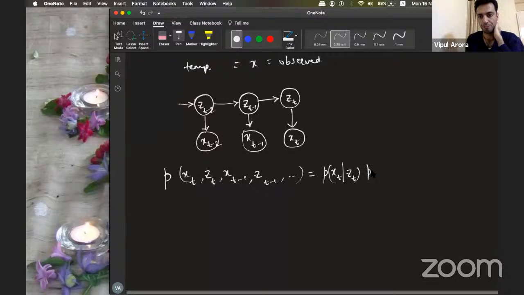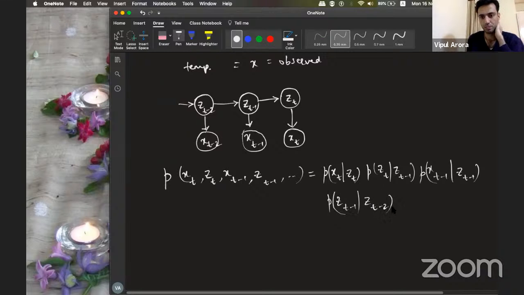But P of Zt depends on Zt minus 1. P of Xt minus 1 depends only on Zt minus 1. P of Zt minus 1 depends only on Zt minus 2. And in this way.